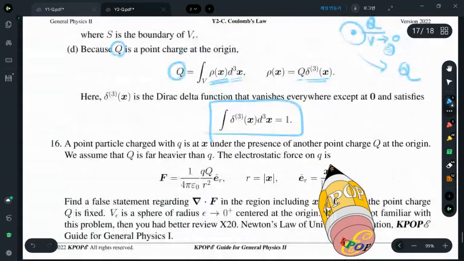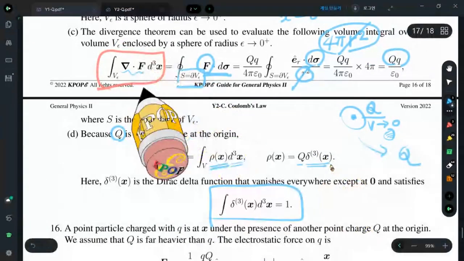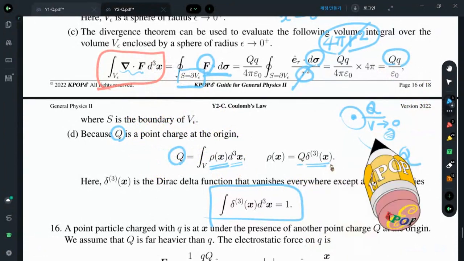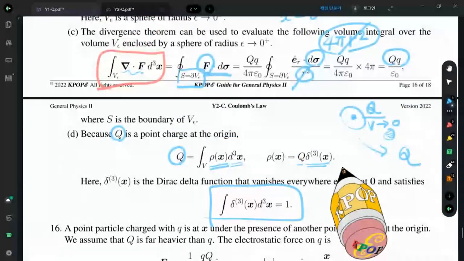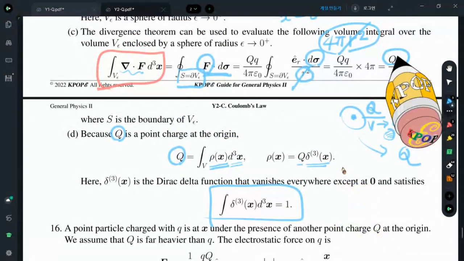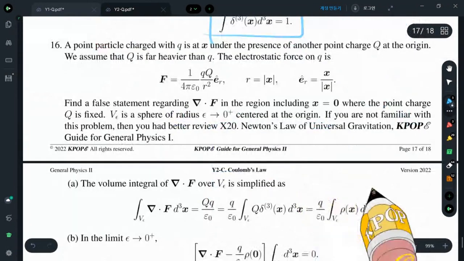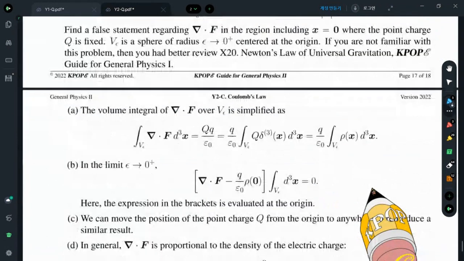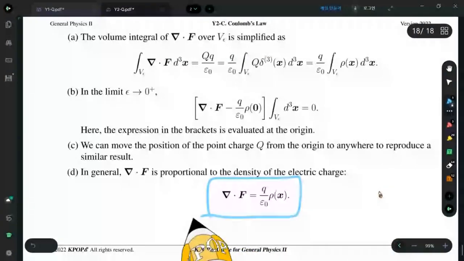Finally, this expression determines the density of charge at the origin. Everywhere else where there is no charge, this divergence must vanish. And later, when we study Maxwell's equations, we will find it leads to the Gauss law.